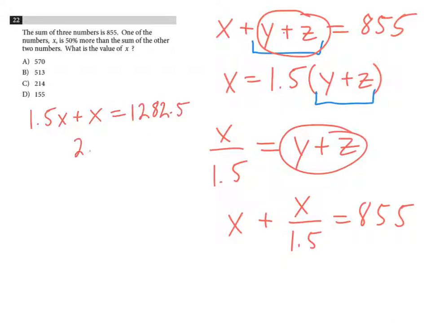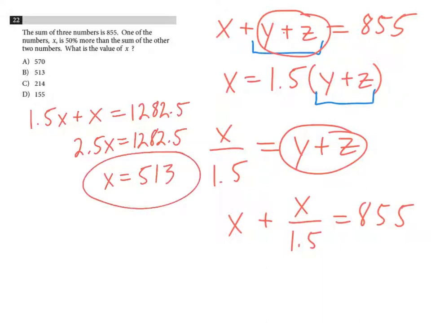Okay, so that's going to be 2.5x equals 1282.5. I'm going to divide both sides by 2.5, and I'm going to get 513. Okay, so then x must be equal to 513.